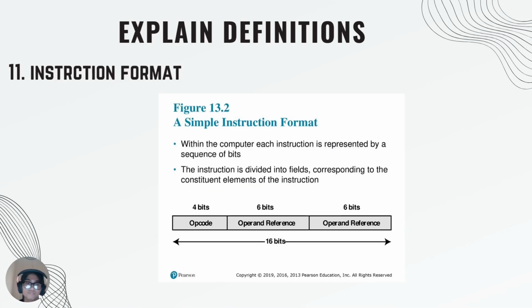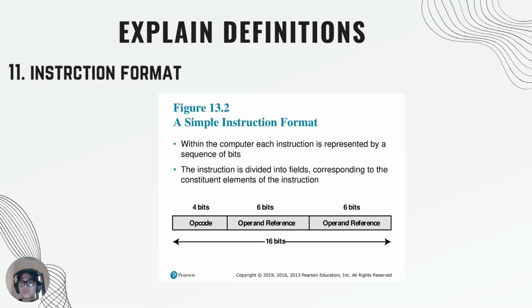Next one is instruction format. In the machine demo, the CPU config has a default 16-bit length, which is a 4-bit opcode and a 12-bit address.